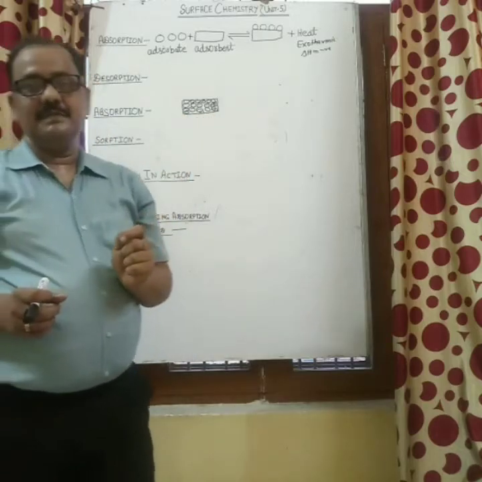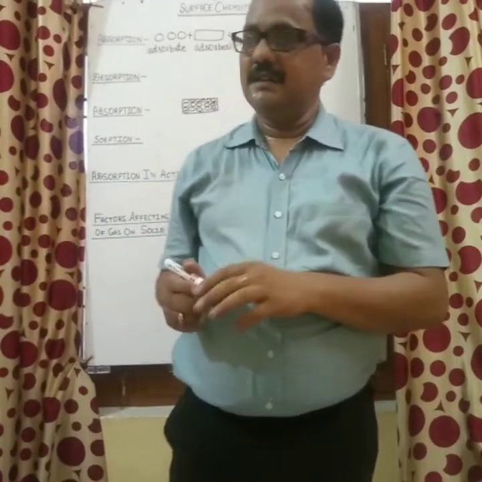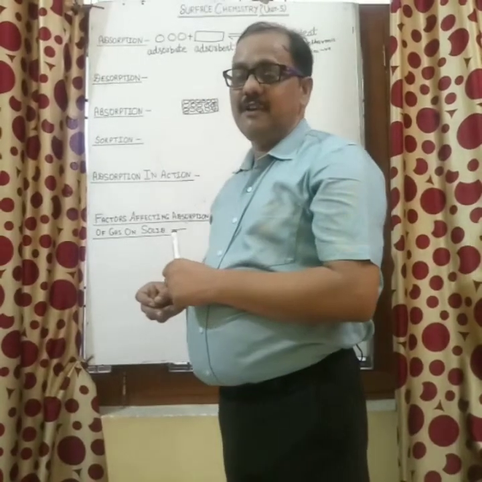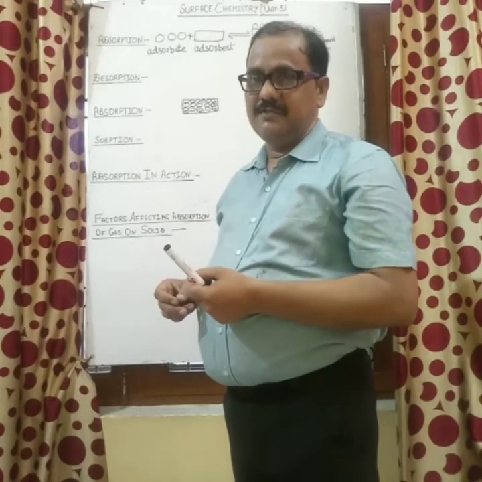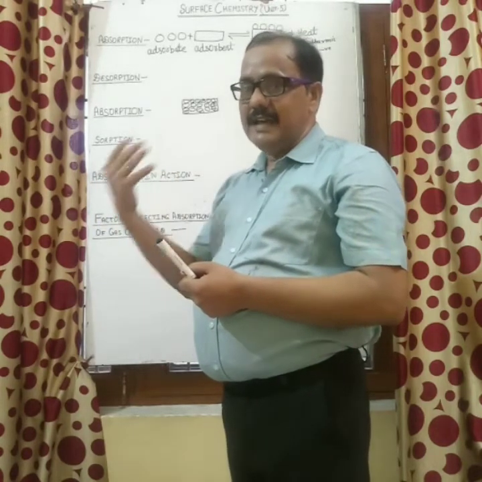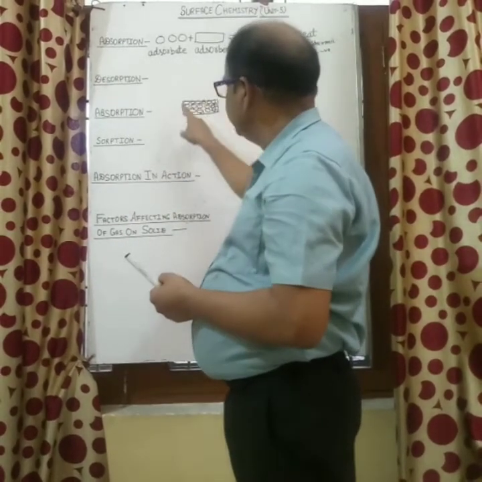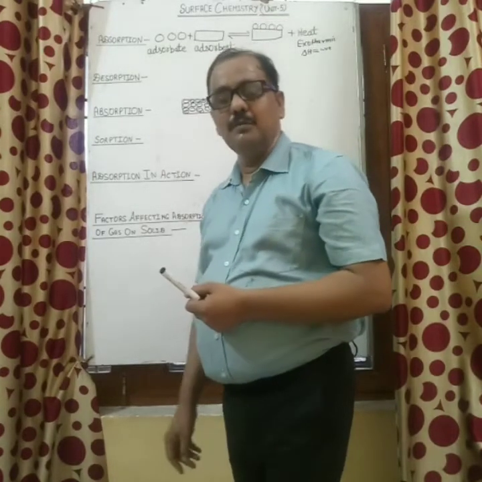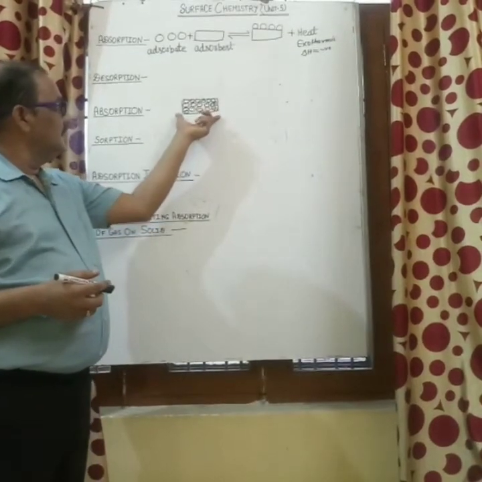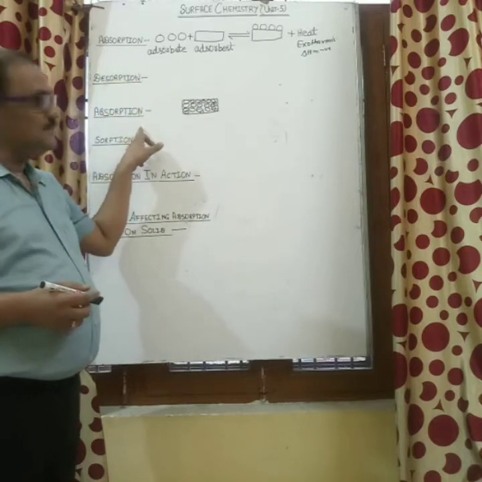And the third difference between adsorption and absorption is that in adsorption, the rate in the beginning is fast and then it becomes slow until it achieves the equilibrium state. But in absorption, the rate is almost uniform. So these are the differences between adsorption and absorption.